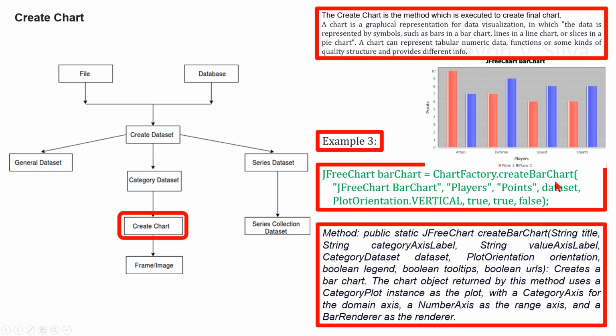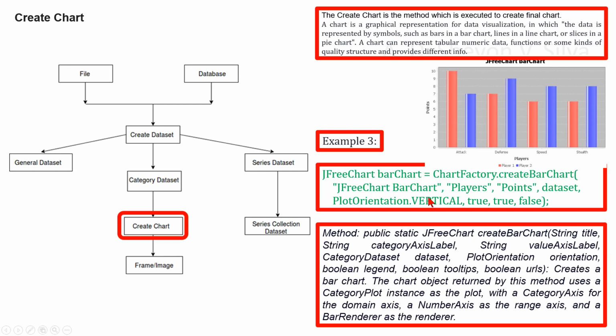This method creates a bar chart. The chart object returned by this method uses a CategoryPlot instance as the plot, with the category axis for the domain axis, a number axis as the range axis, and a bar renderer as the renderer.